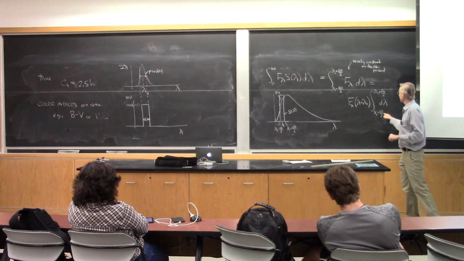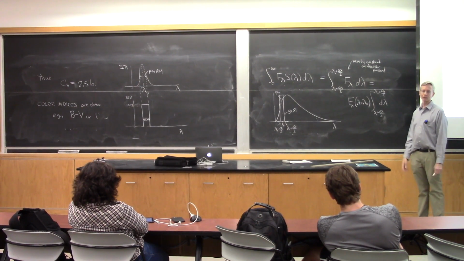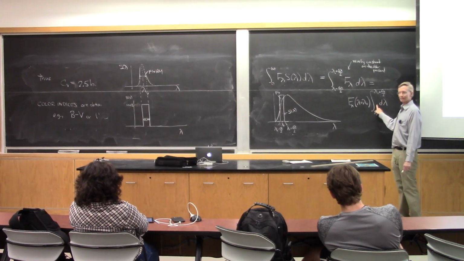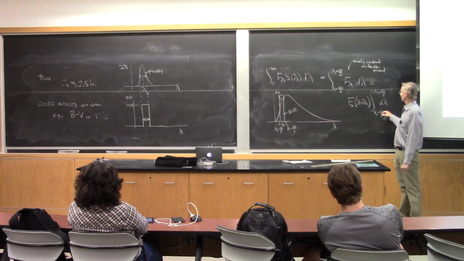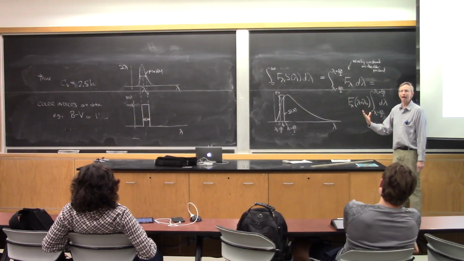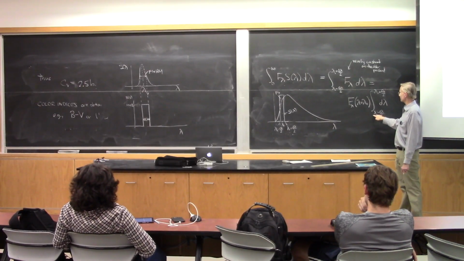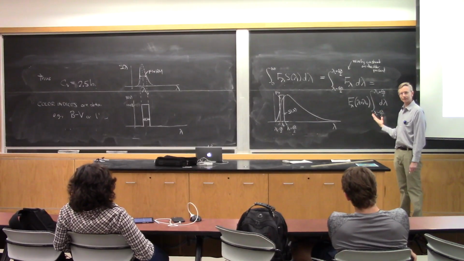What's that integral equal to? It's delta lambda, right, because it's a constant. It's 1 d lambda. If I integrate 1 d lambda, I get lambda, and then I plug in lambda naught plus delta lambda over 2, and subtract lambda naught minus delta lambda over 2. That's just delta lambda.